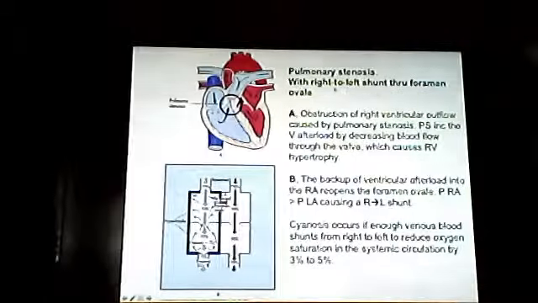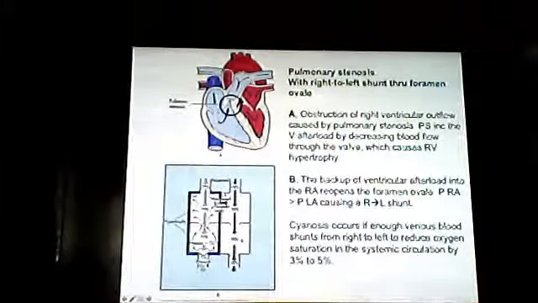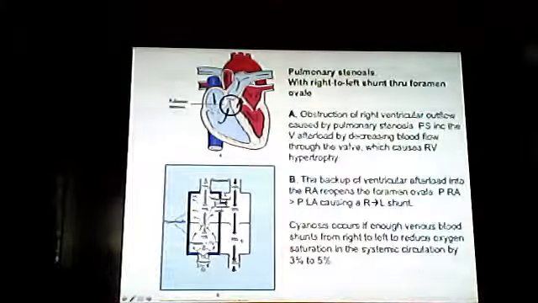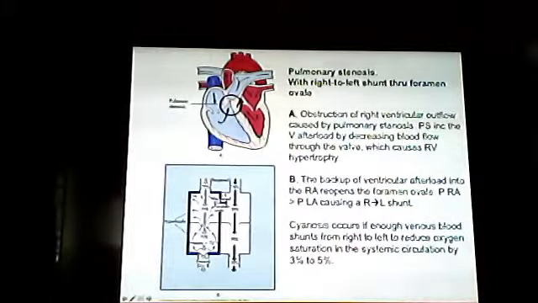So this time it could be a right to left shunt, and you could get cyanosis if enough venous blood shunted from right to left. That's only in the more extreme cases, but it is possible, because it's deoxygenated blood going to the left side, which feeds the rest of the body.